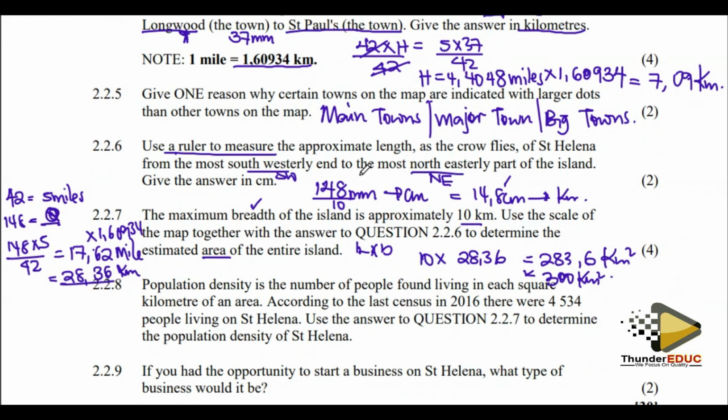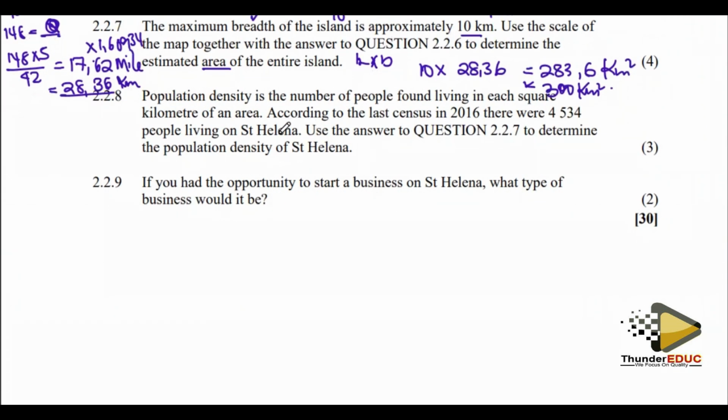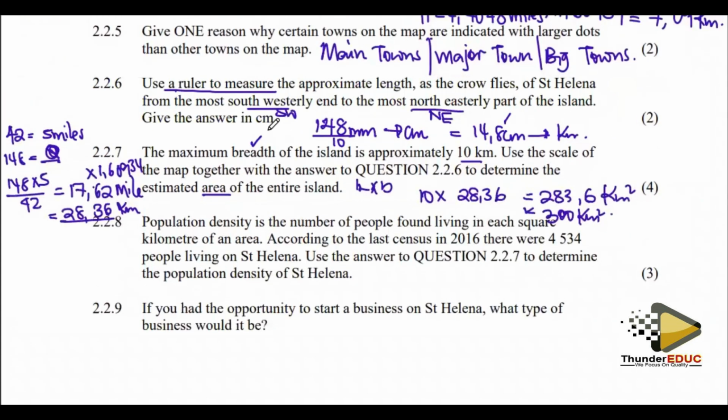You have measured with a ruler and you've given us the answer there. Come to 2.7. Also here, you got your answer. As long as you've tried to get the answer, you've changed it to kilometers and everything, whatever answer you have here with your values, it will be right. Come to this question, it will be right. Why? The answer from here is based on the previous one. The answer from here is based on the scale that you used up there. You understand? Okay.